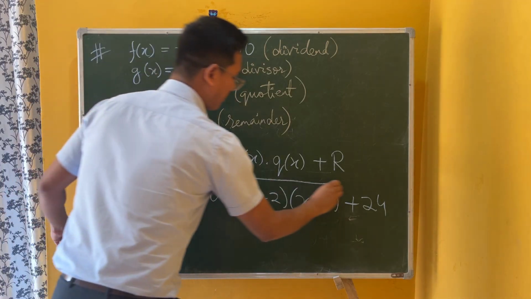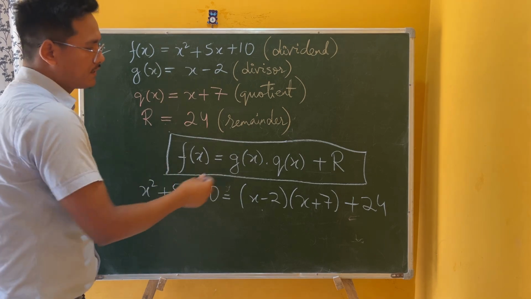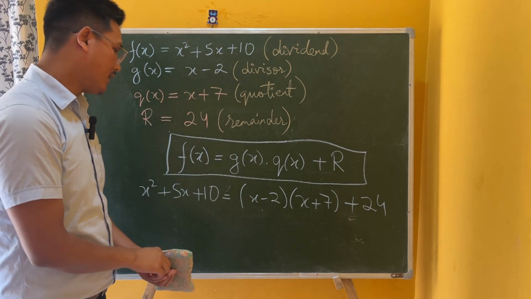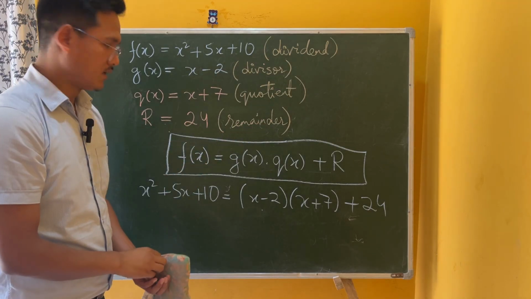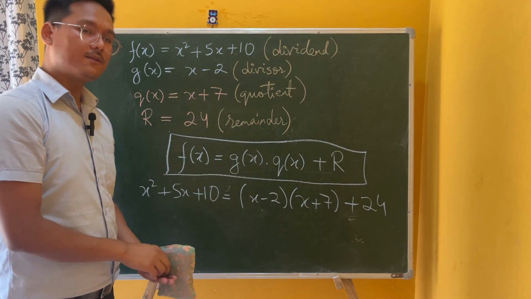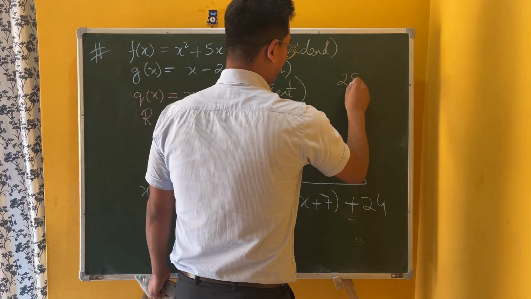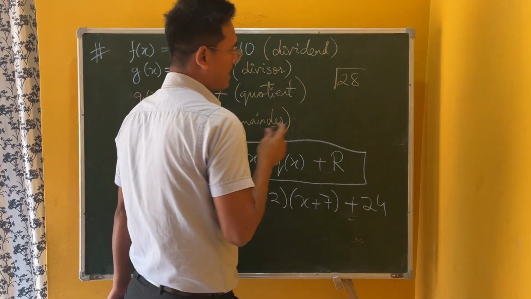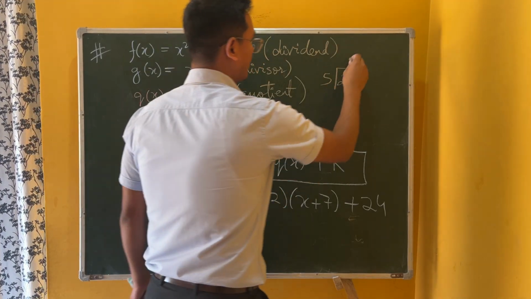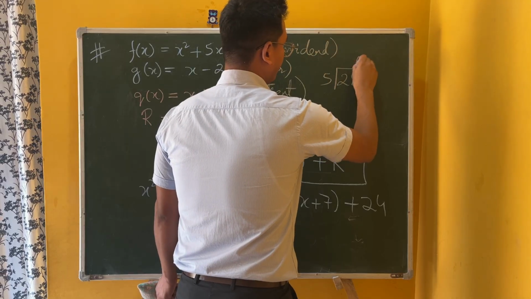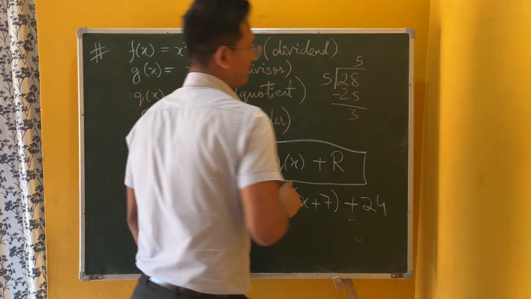This is a very important rule. This rule is called the division algorithm. It connects the divisor, dividend, quotient and the remainder. And this works in arithmetic also. For example, if you are dividing the number 28 by 5, 5 times 5 is 25, the remainder is 3.